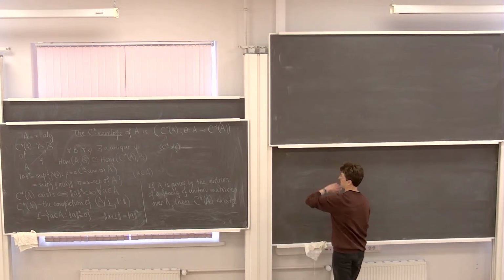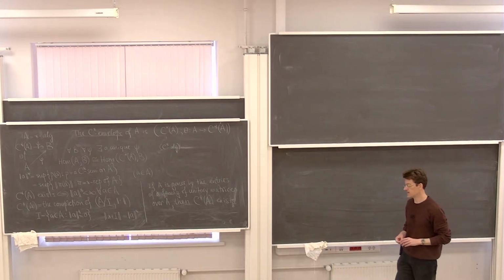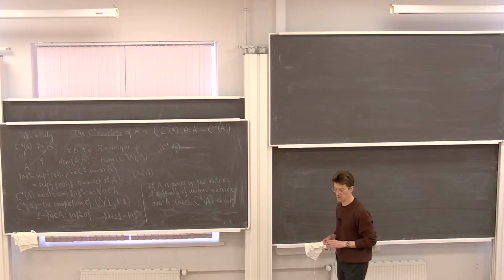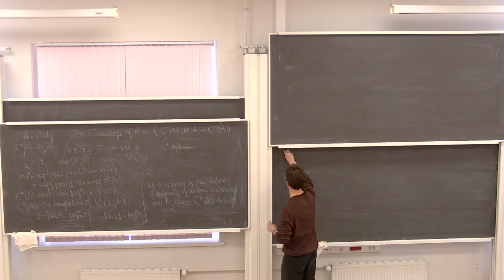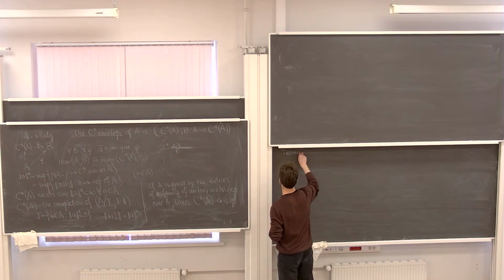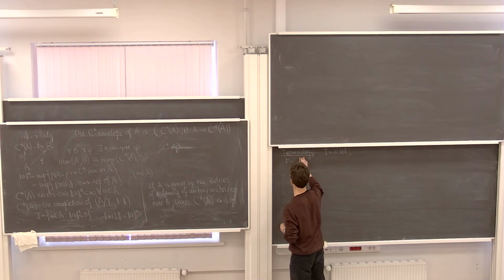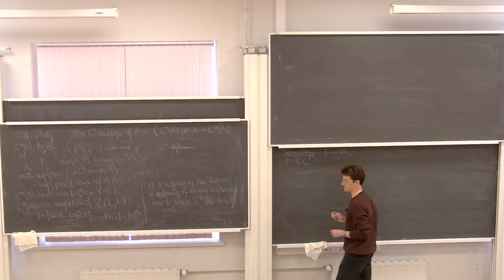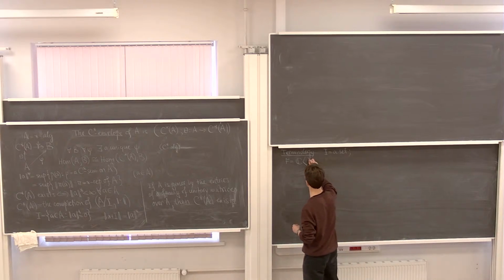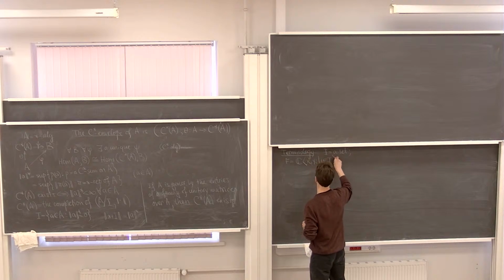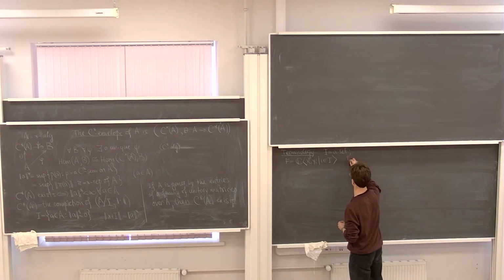In practice, many concrete C-star algebras are defined in terms of generators and relations. So let's introduce the respective terminology. Suppose we have an arbitrary set I, and let F denote the free associative algebra generated by free variables x_i and y_i, where i runs over our index set I. This is the free associative algebra.